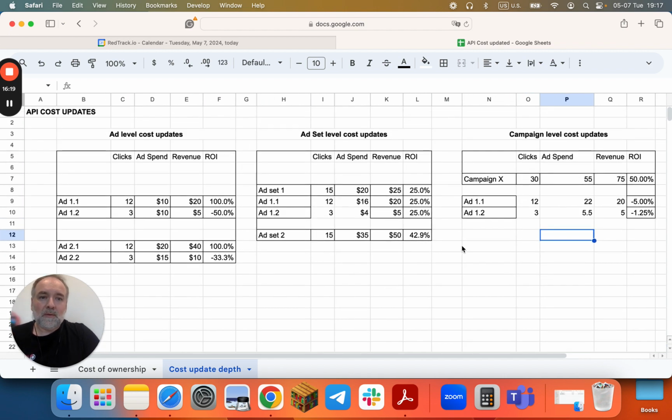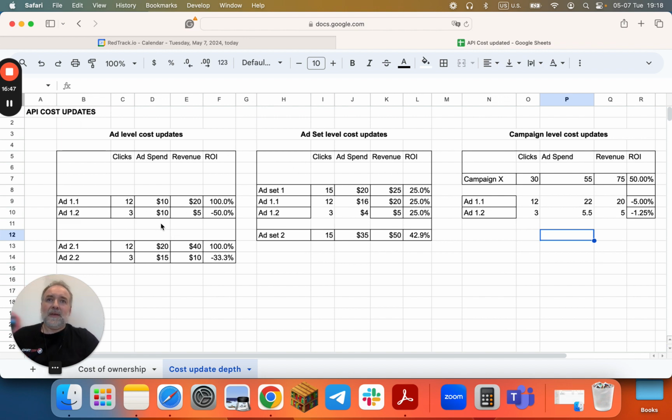So with RedTrack, we don't do campaign level because that's probably pointless. Since a lot of media buyers do one ad per ad set on a single subscription plan, we still have this, but it's not going to stay long. And for all the other subscription plans, this is the default standard.